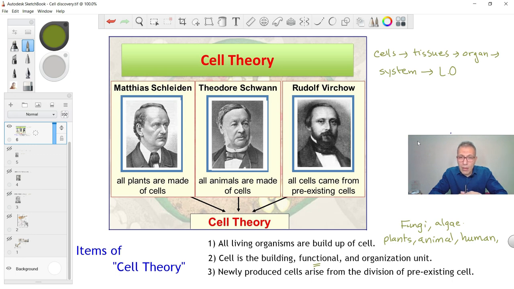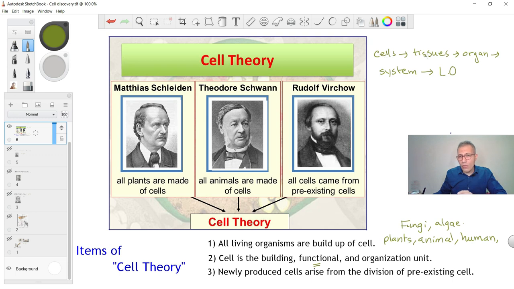The heart can pump. Why? Because the heart consists of muscle cells that have the ability to contract and relax, contract and relax. So many cells will do a certain job or function, so the cell is the functional unit of the living organism.